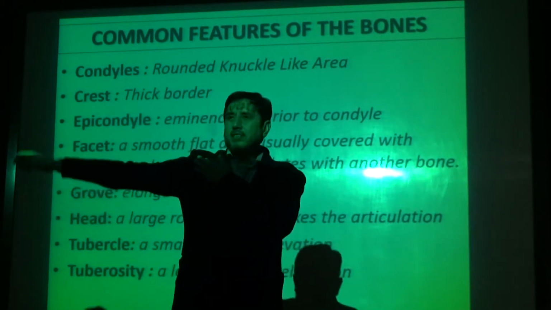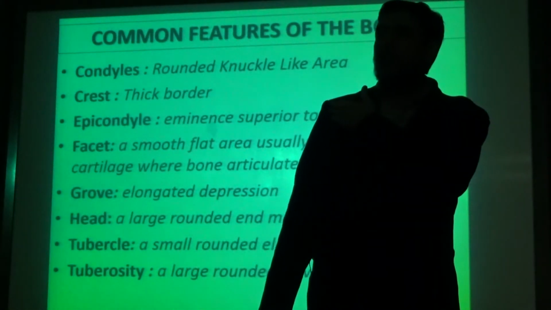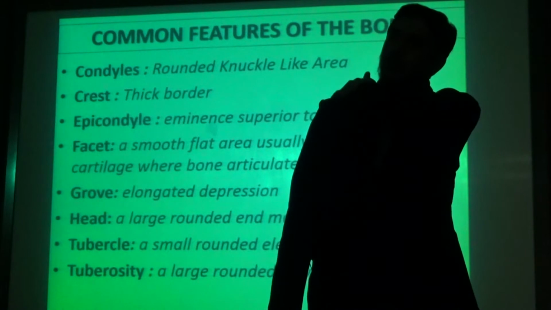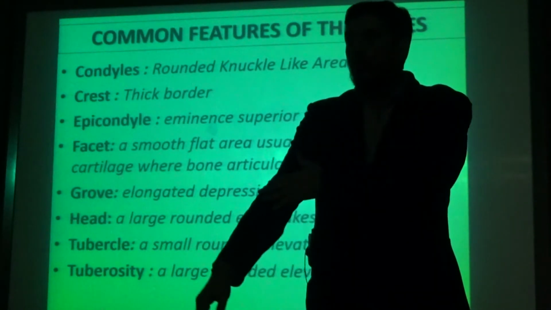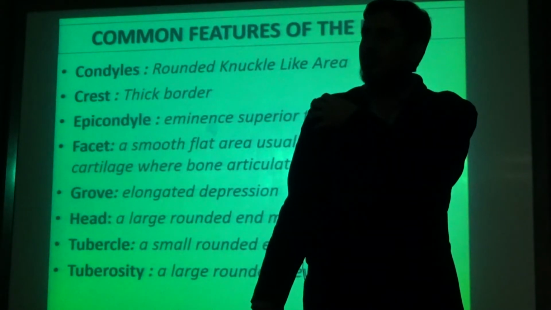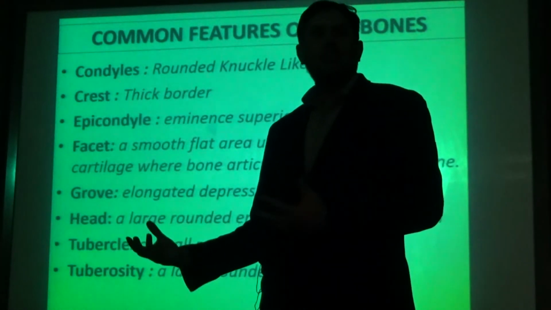Look at this. What is the name of this joint? The shoulder joint is between the scapula and humerus. Is it the whole of the humerus or part of the humerus? The part of the humerus which is making a joint is known as the articular facet. Is it clear?